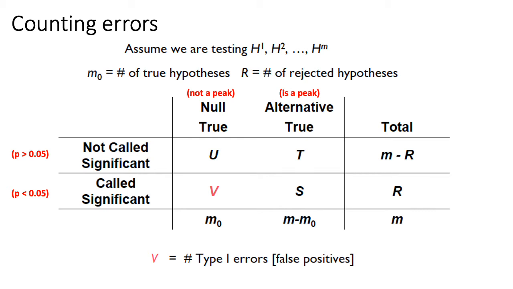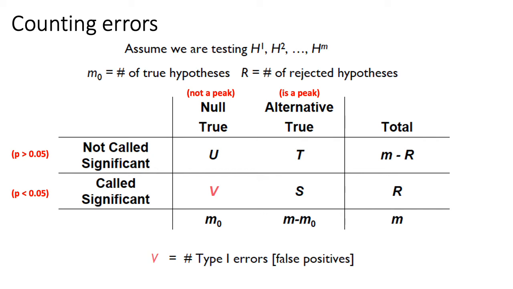And so the entry labeled U in this table represents the number of hypotheses in which my p-value told me I'm not taller than your average undergrad, and that was actually true. S represents the cases where the p-value told me that I could reject the null hypothesis that I was not taller, and it was actually true that for that population of students, I was taller than them.